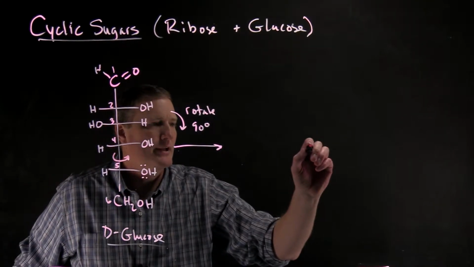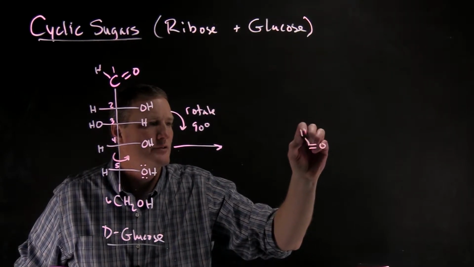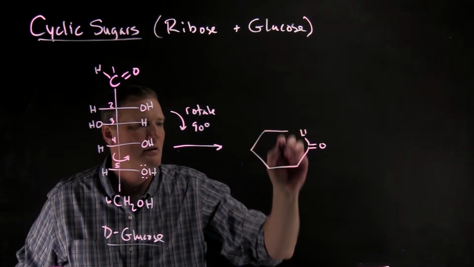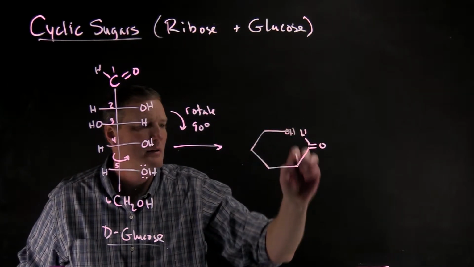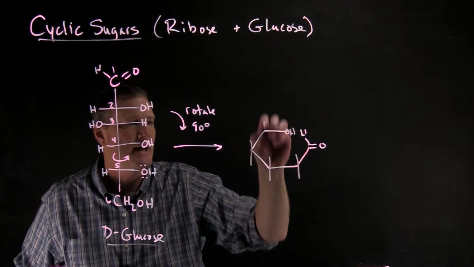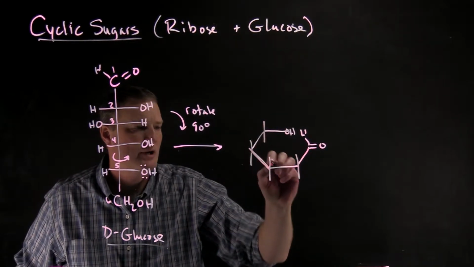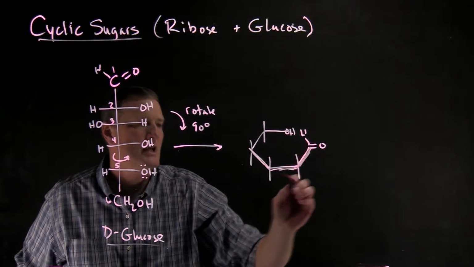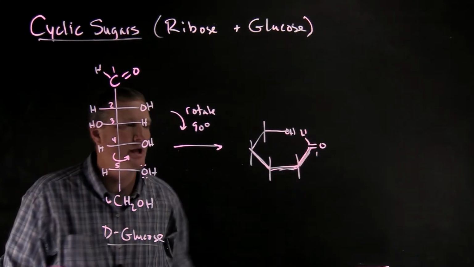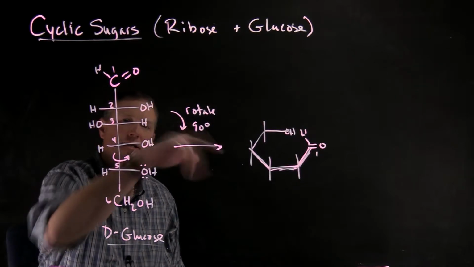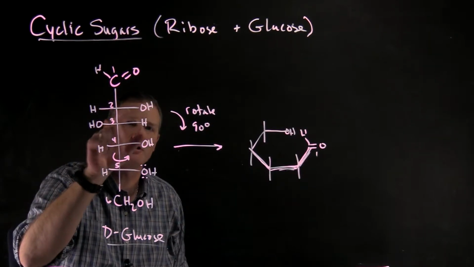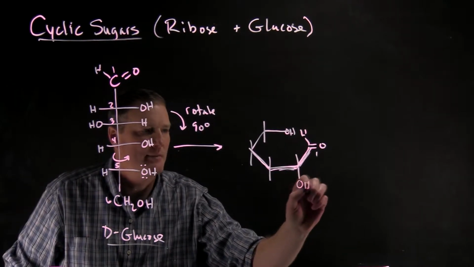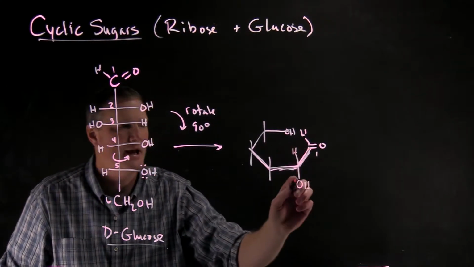So let's draw this out over here. So here's my aldehyde. And when I do that, I get a structure that's going to look sort of like this. So notice this is again carbon 1. When I rotate this 90 degrees, the OH at carbon 2 is now going to be sticking down relative to the plane defined by these atoms, and the hydrogen would be up.